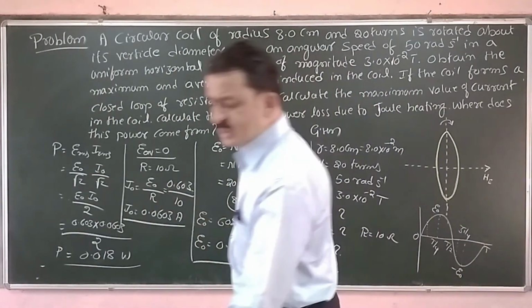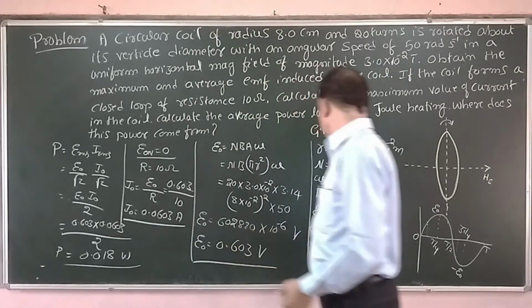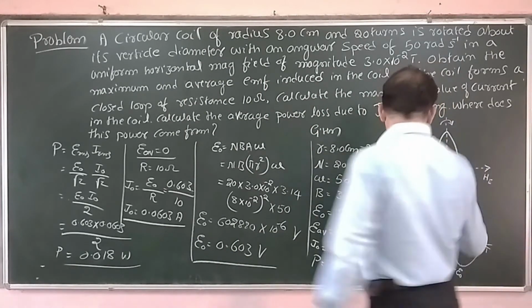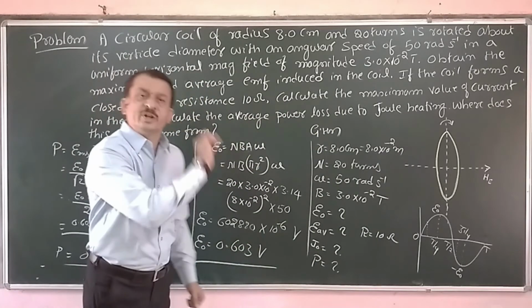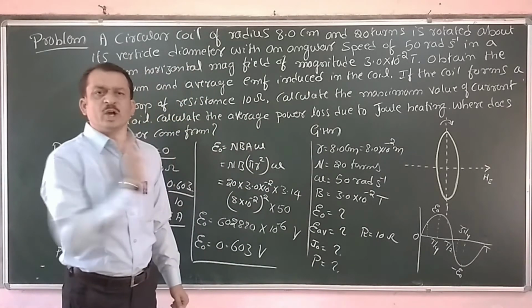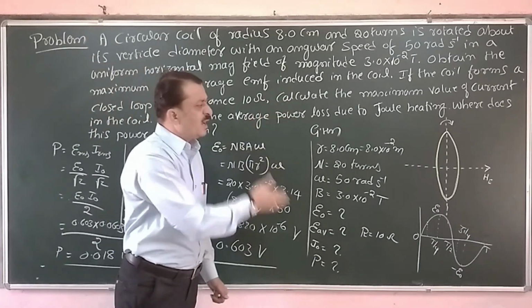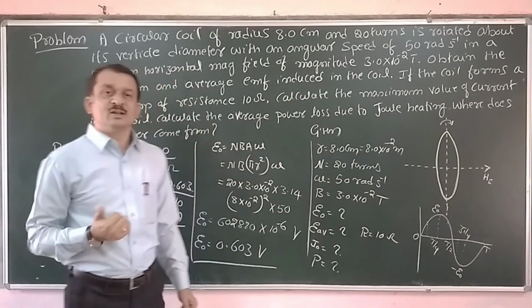Now this amount of power is dissipated. How is this power dissipated and what is the source of this power? As and when this coil starts to rotate, an EMF is induced in that coil, and there is obviously a current flowing in that coil.